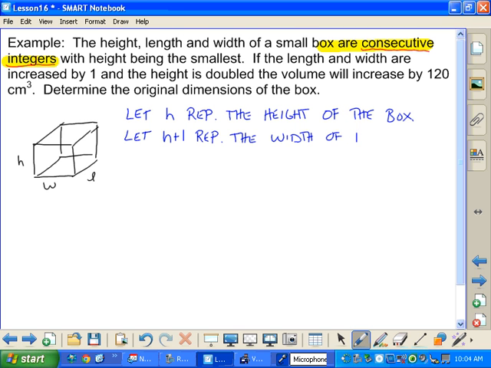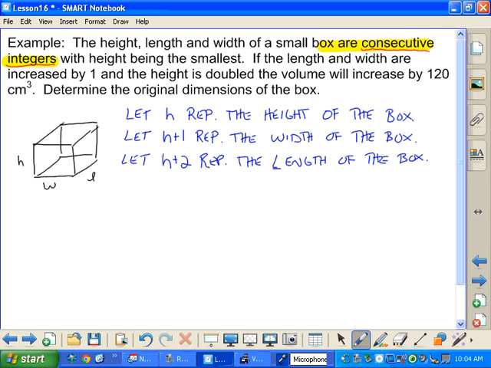Again, please take note of the let statements, the requirement for these types of problems. And then the length is going to be the next one, which would be the height plus 2. So h plus 2 represents the length of the box.